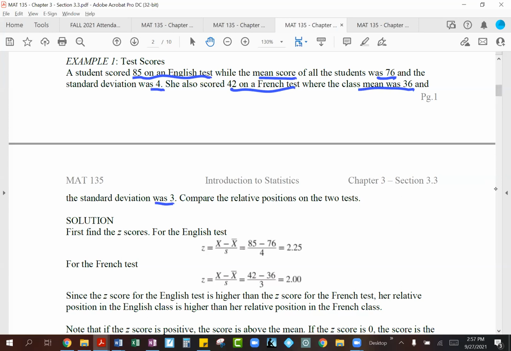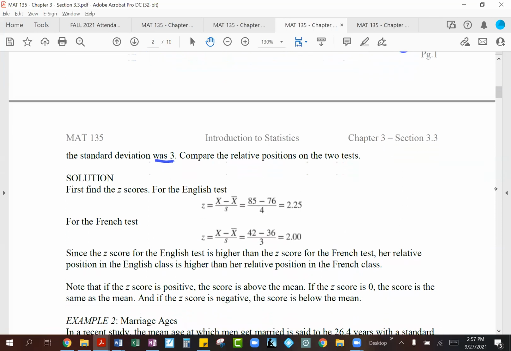These two exams are based on different grading scales, because this student has a score of 85 when the mean was 76 for the English class, and a 42 when the mean was 36 in the French class. So which exam did she do relatively better on? They want to talk about the relative position.